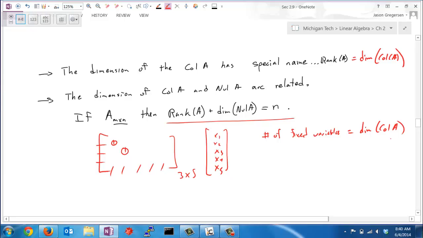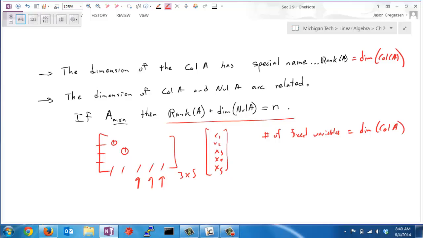Now if I look at this as the homogeneous equation, this thing equal to 0, these other variables are going to be my free variables. And with the free variables we're looking at the size of the null space.